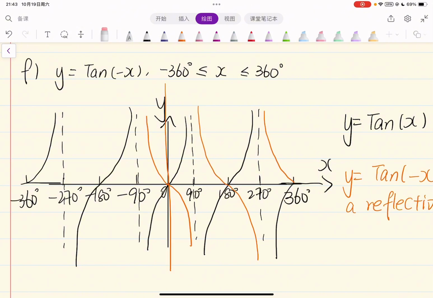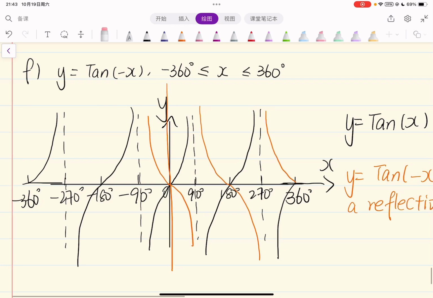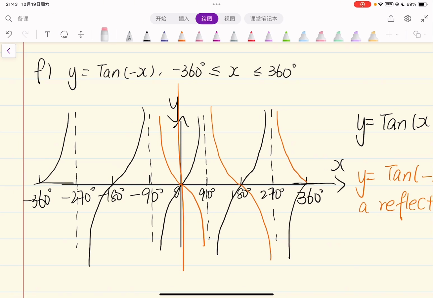Now similarly, we do the reflection of the right hand side. So do the reflection between 90 degrees and 270 degrees. We have a graph like that. For the curve between 270 and 360 degrees, we have the curve looks like that.